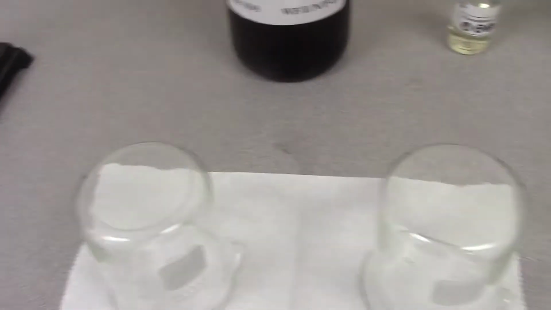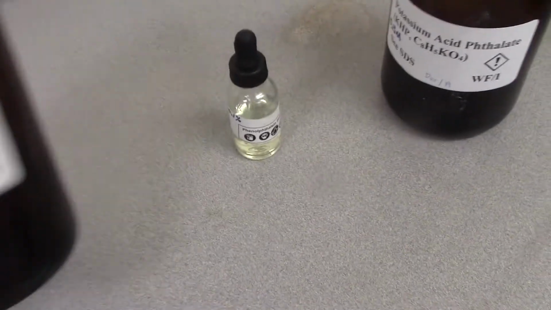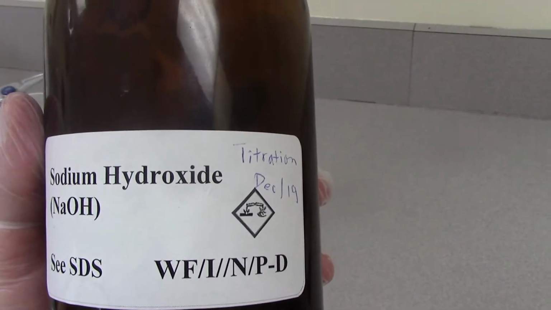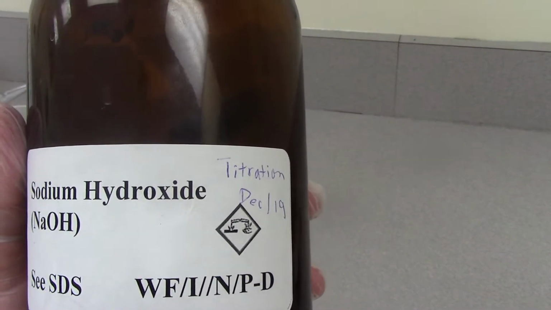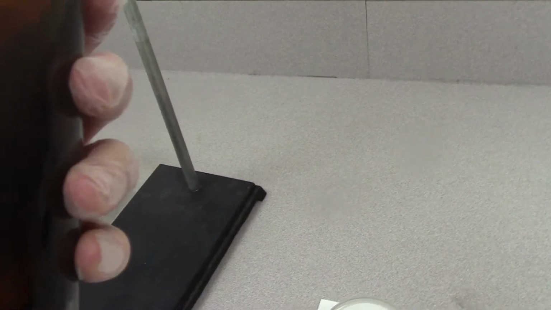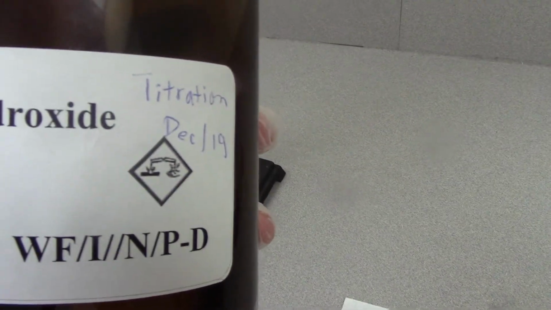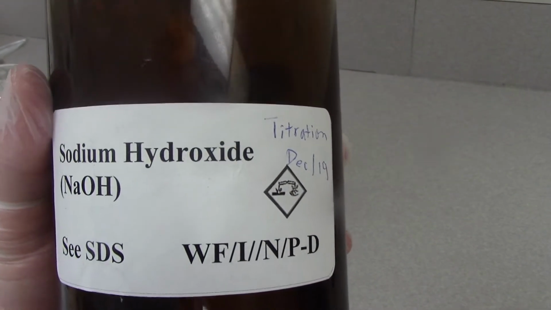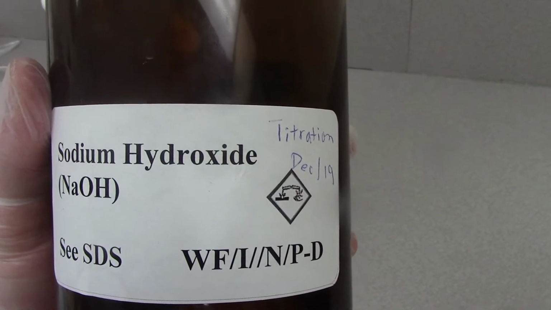I'm going to have a concentration. I have sodium hydroxide. Okay, and this is going to be my, I don't know the concentration of this yet, but we will find that out.